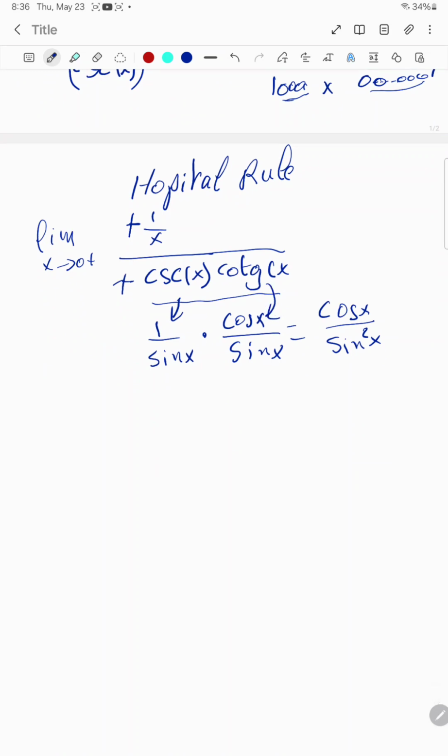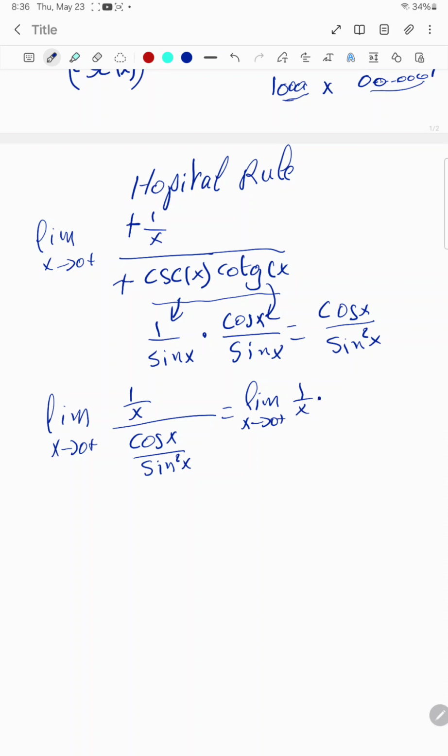So now I will study the limit when x goes to 0 plus of 1 over x divided by cosine of x divided by sine square of x, which is equal to the limit when x goes to 0 plus of 1 over x times, I will flip it, sine square of x divided by cosine of x.